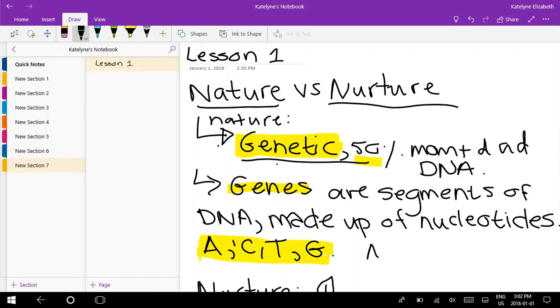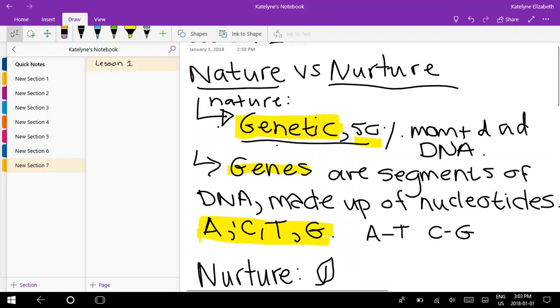So A always pairs with T, and C always pairs with G in DNA, okay? So, nature is basically inherited from both of your parents, and this can influence our behavior overall, okay?